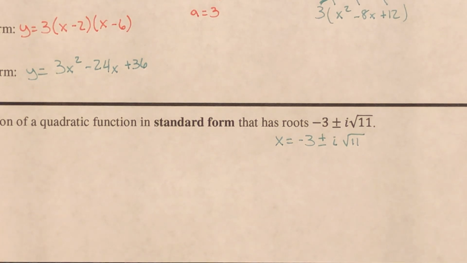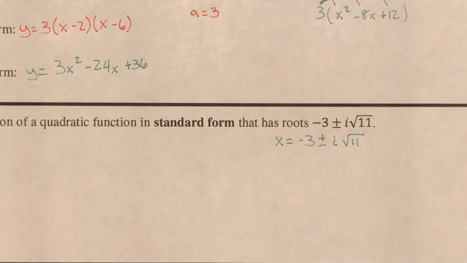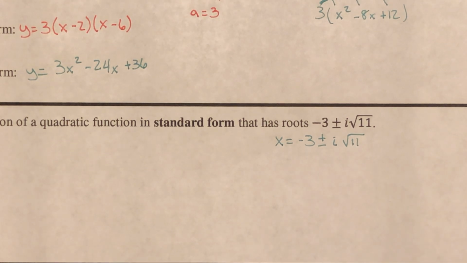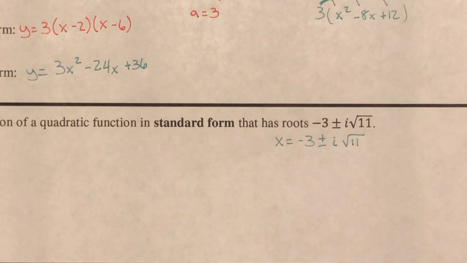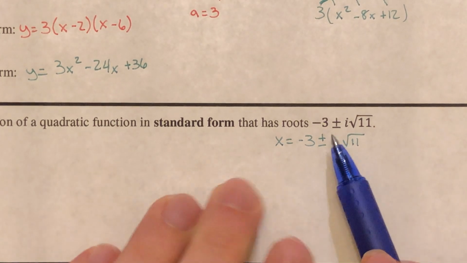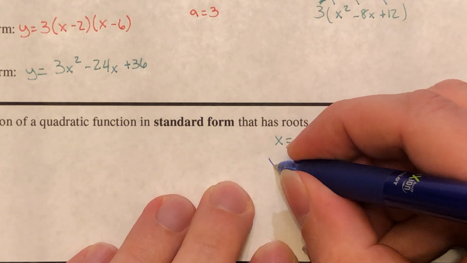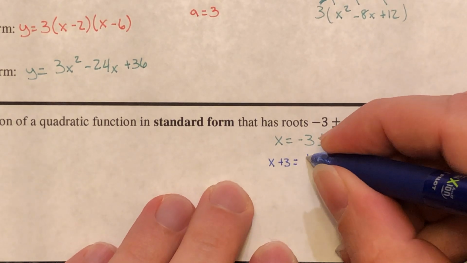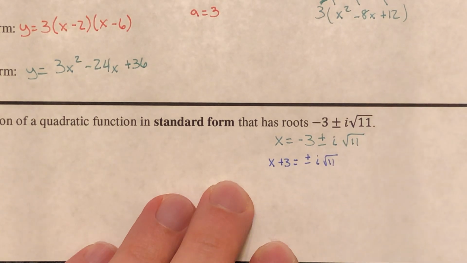When you have a plus or minus, we want to work this backwards. The only way we get the plus or minus is when we take the square root. So we want to undo the square root method. So I'm going to add 3 to both sides here. So I have x plus 3 equals positive or negative i square root of 11.